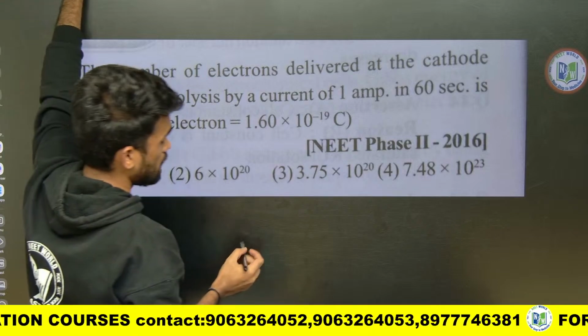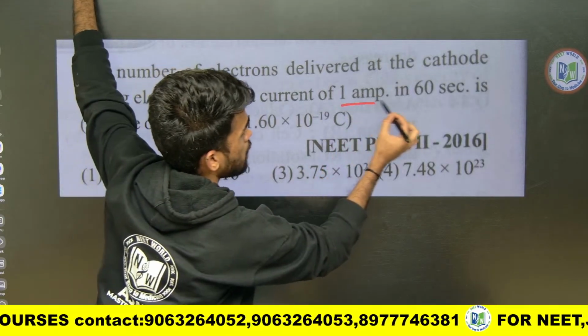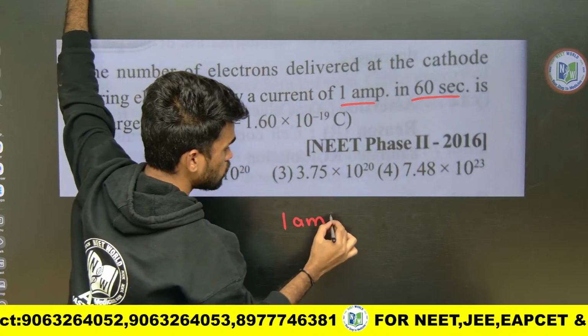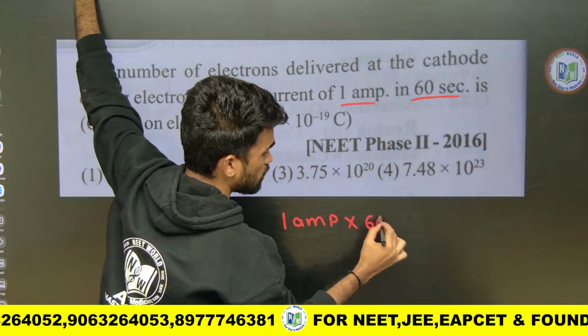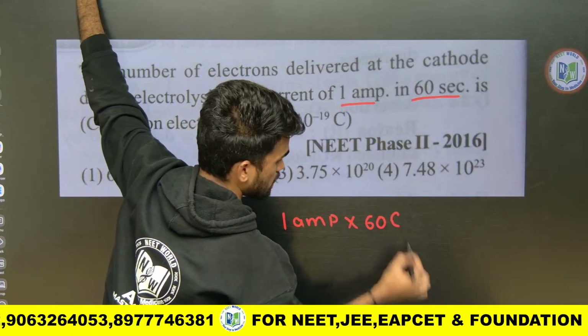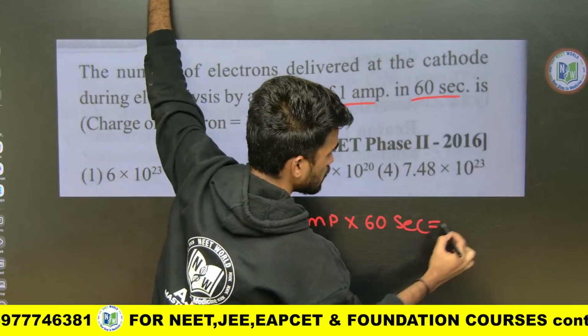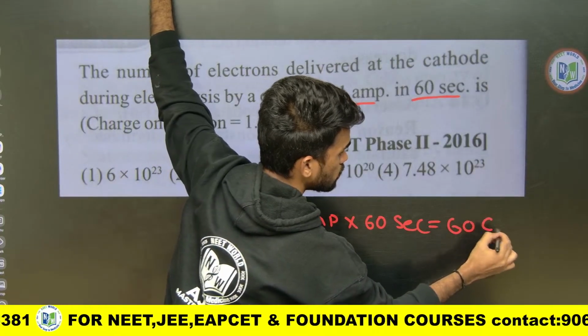So first, find 1 ampere in 60 seconds. 1 ampere into 60 seconds means we'll get a charge of 60 coulombs.